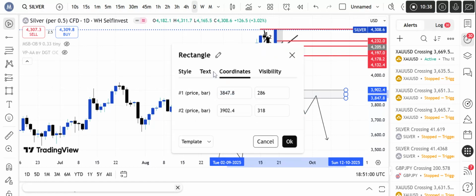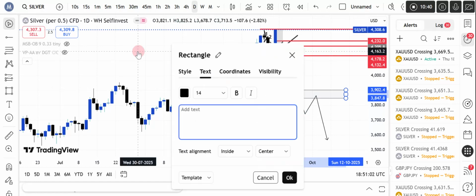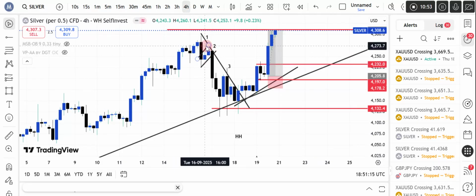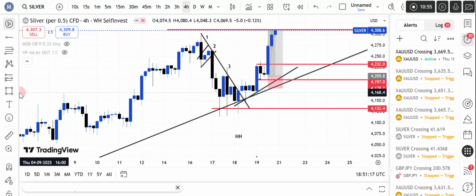Here's my, that's our supply zone. Anytime price comes there, it sells. So there's a supply zone. You're gonna see properly on the 4 hour.